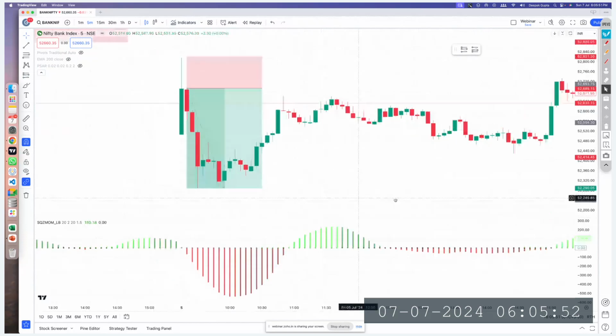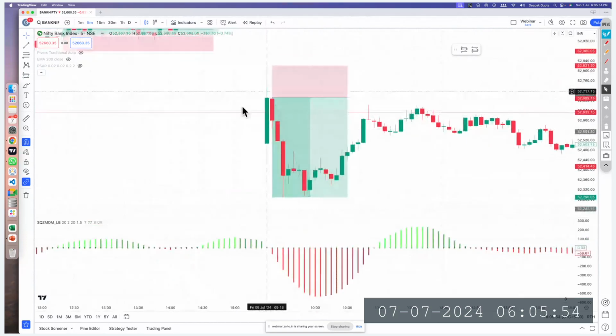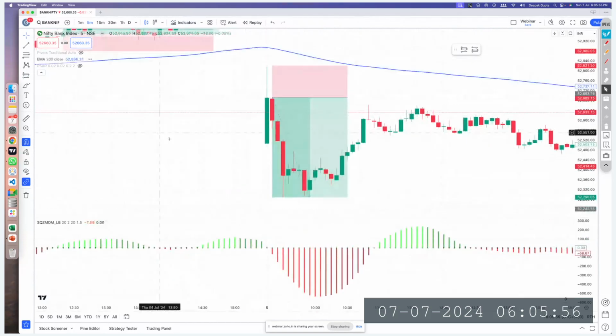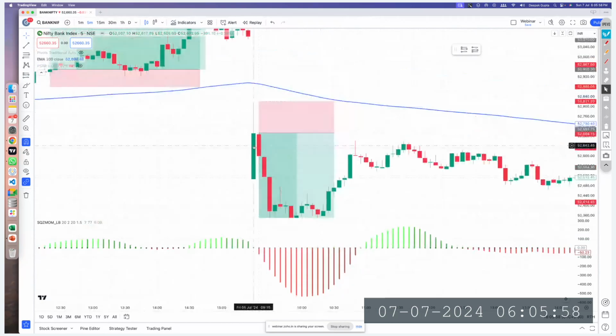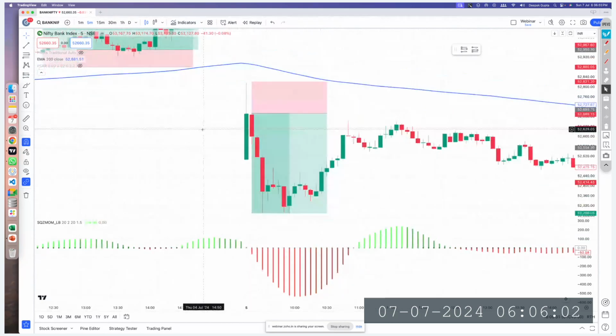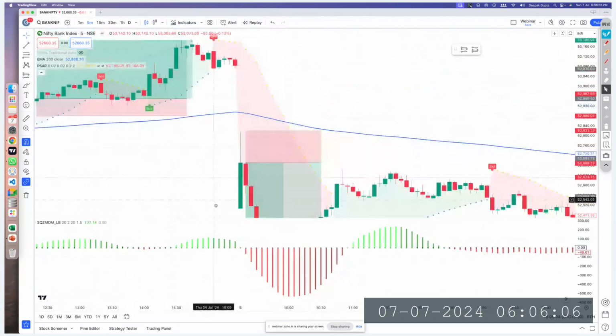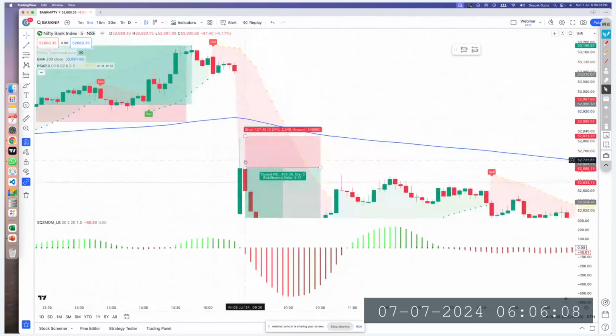So all we need to do is make sure with the previous rules, like the price is below the moving average, that means a downtrend. So I will only take a red signal. Parabolic SAR was also red. So we had double confirmation. One confirmation of the trend, second confirmation of the momentum.